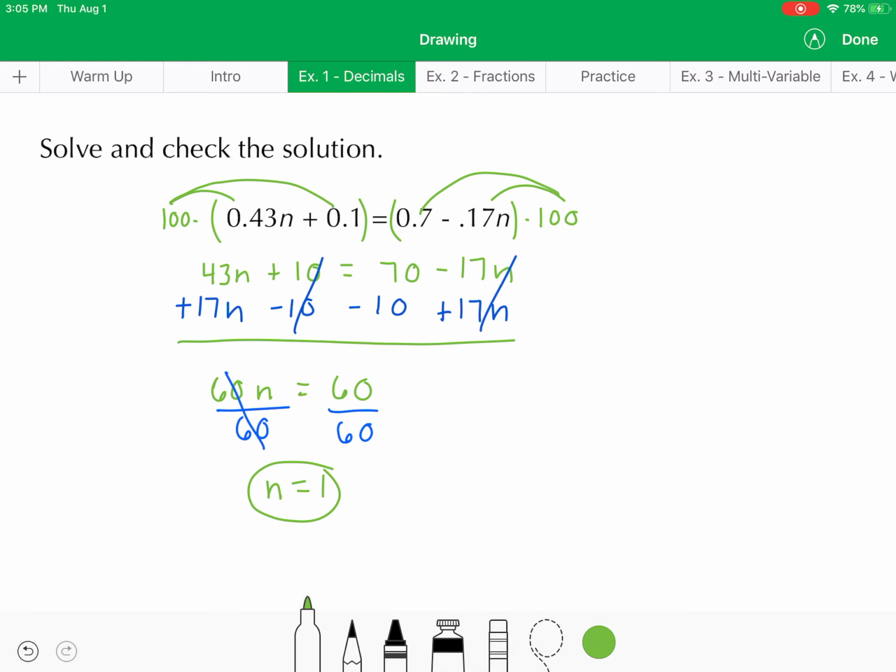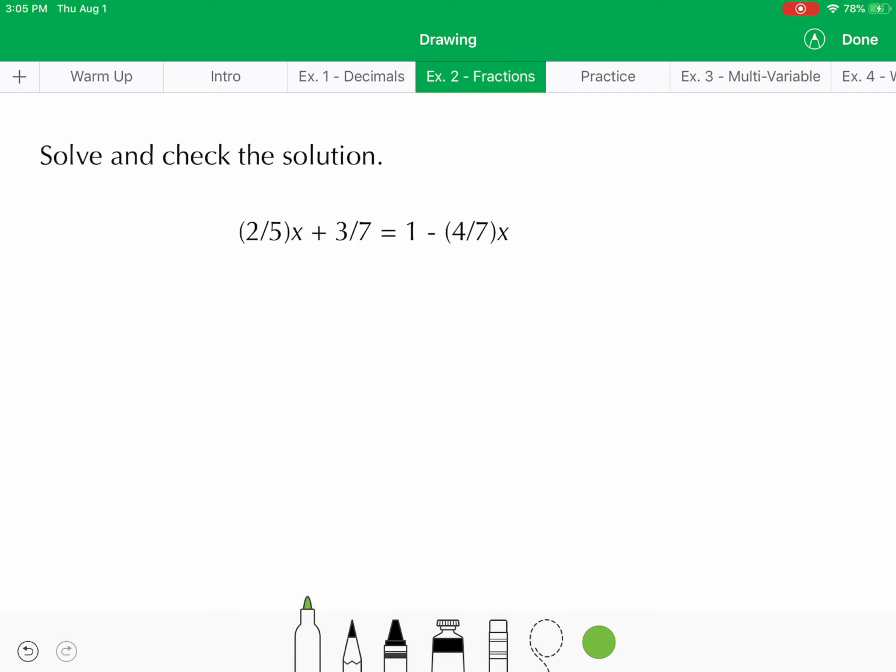Add that with 0.1, I'll end up with 0.53 on the left. And then if I put 1 in for n on the right side of the equation, I'd end up with 0.7 minus 0.17, which is also going to be 0.53. So checks out.